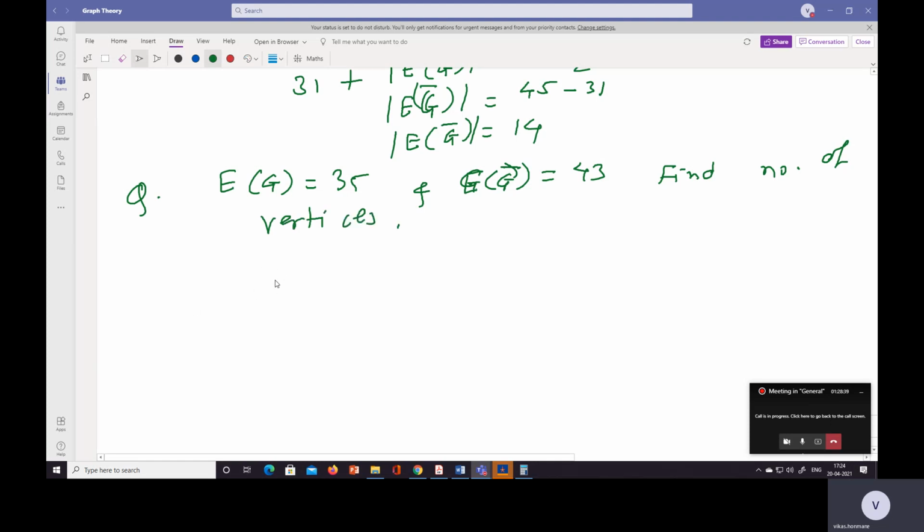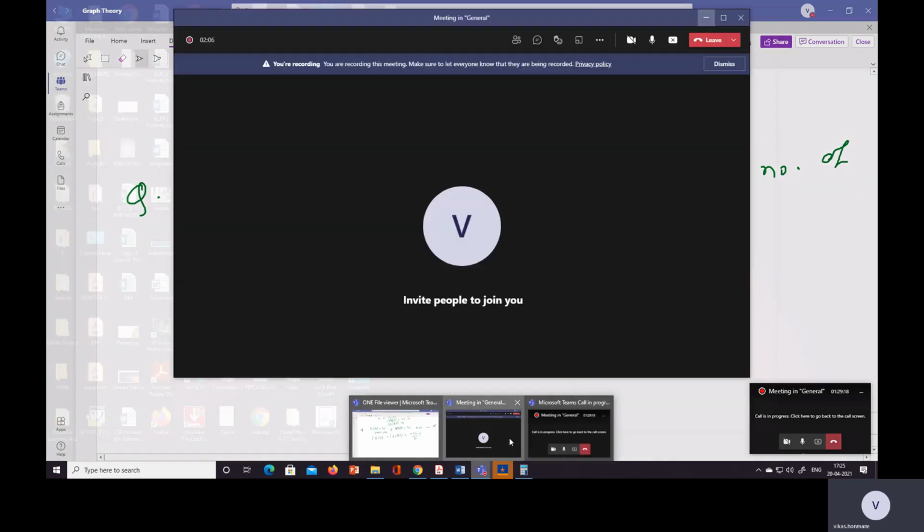This is the question. We know that E of G plus E of G bar is equal to n into n minus 1 by 2. You can solve this problem, you just have to use the equation and find the values.